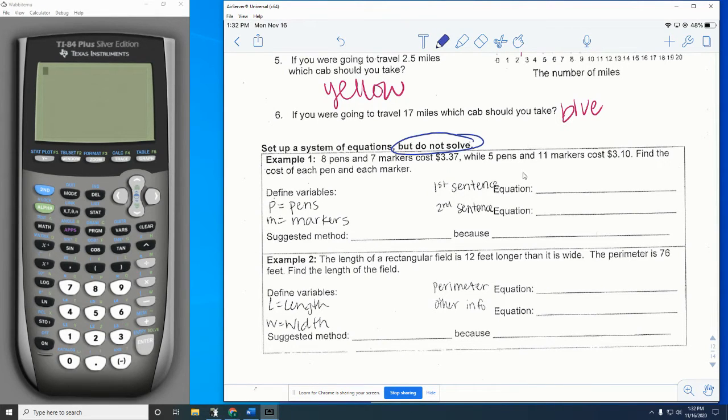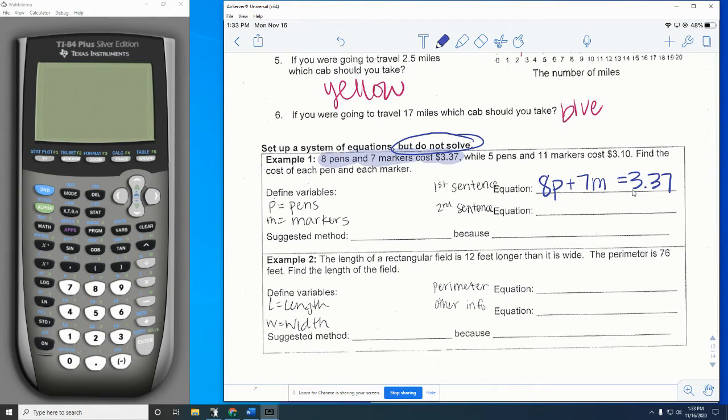Now, if I have a P and an M, both of my equations need to include P's and M's. So that can be broken up into sentences. For example, this first sentence, 8 pens and 7 markers is $3.37. That would be the letter P and the letter M for a total amount of money.